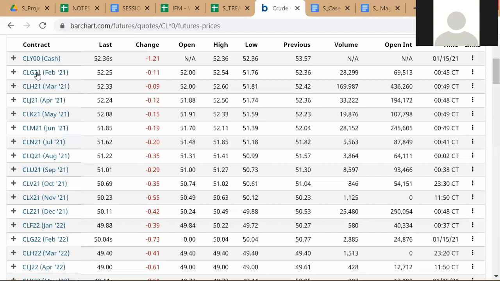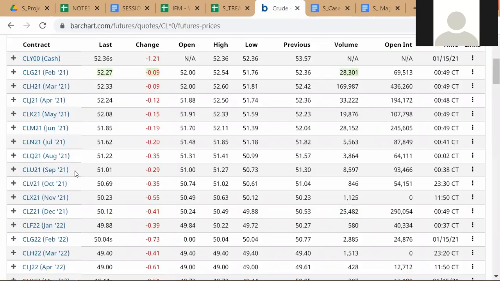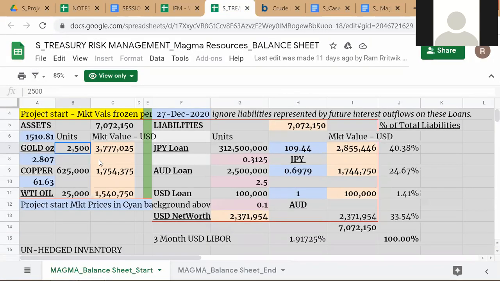Sometimes you take the front month futures price, but most of the time the trade contracts, that is how the sales team is going to be selling to the customers. Trade contracts are based on the spot price, which in the case of crude oil is this cash price, which as you can see is slightly different from even the front month futures price.